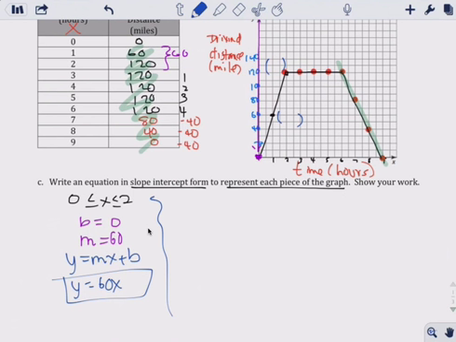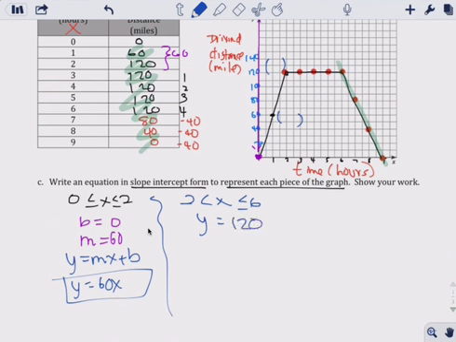So the second one from 2, everything but including 2, to 6 hours, it's a horizontal line, so y equals 120.